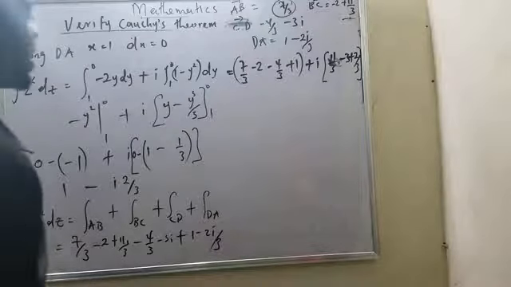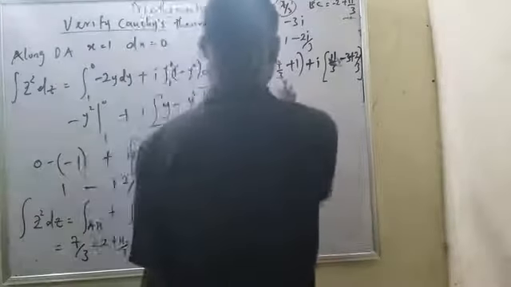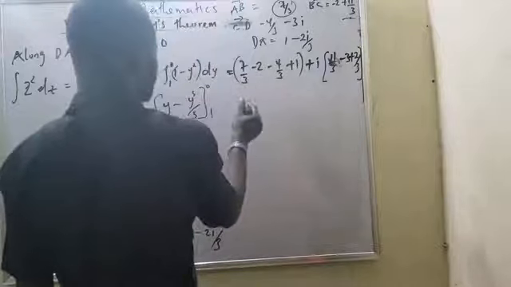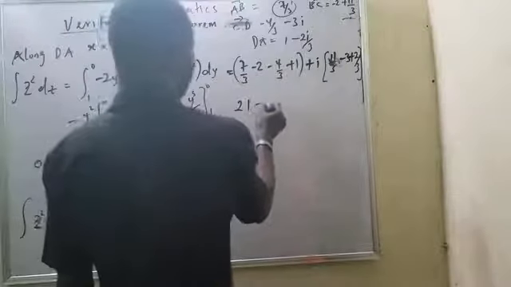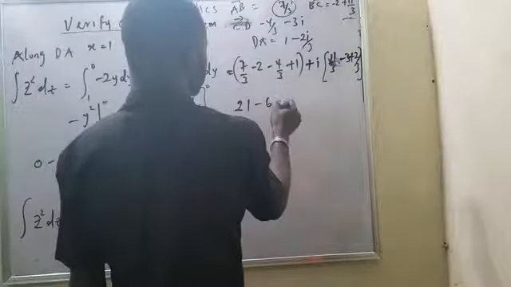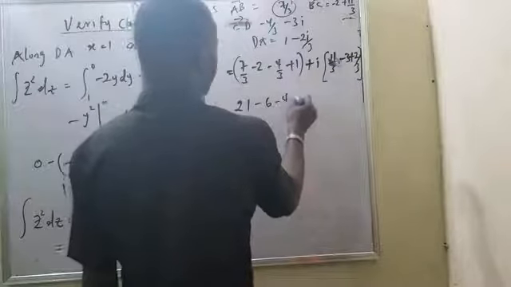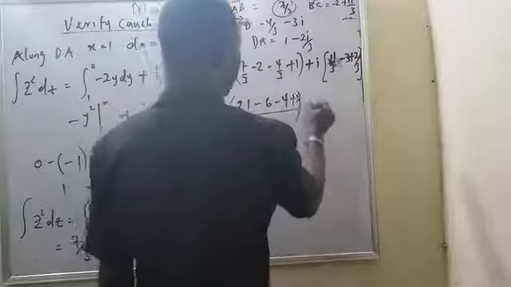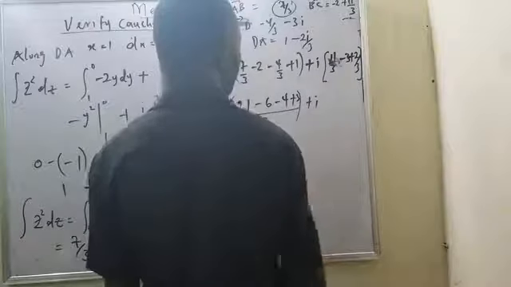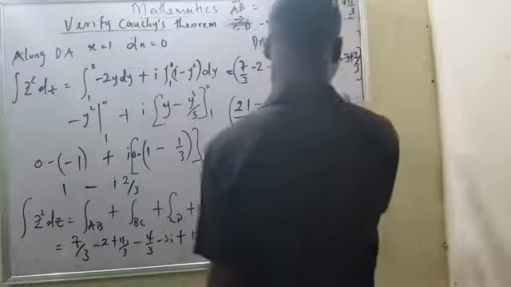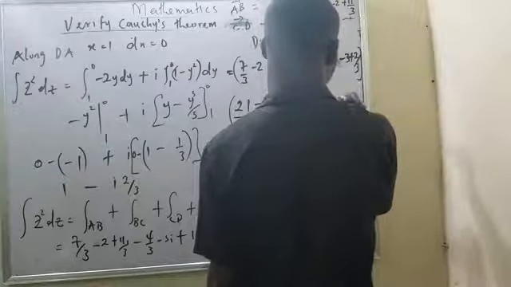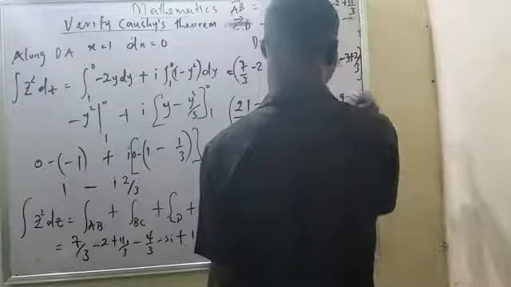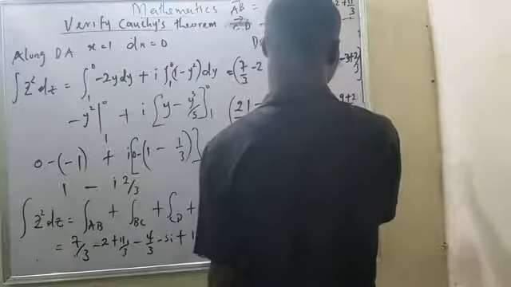Anything I have here, should I simplify? Multiply all by 3, I'll be having 21 minus 6 minus 4 plus 3 all over 3. And also if I multiply all by 3, I'll be having 11 minus 9 plus 2 all over 3.